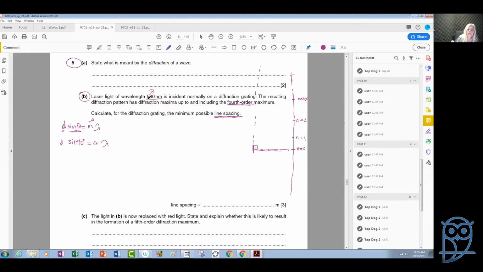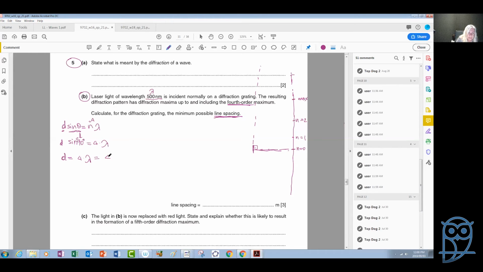The wavelength is given. The sine of 90 degrees is 1, so we can simplify this as d equals 4 times λ, which is 500 nanometers.